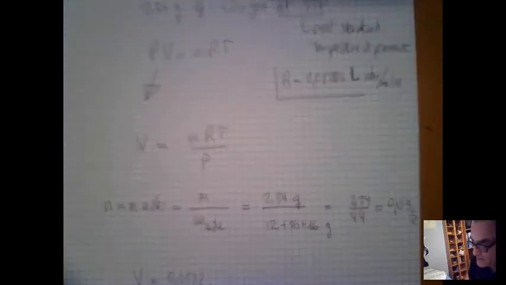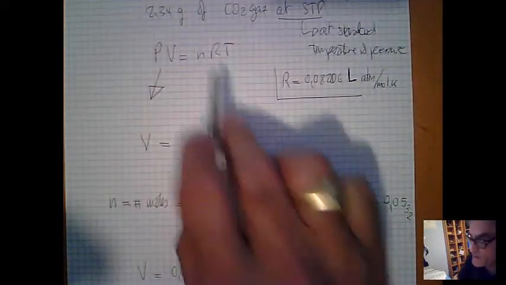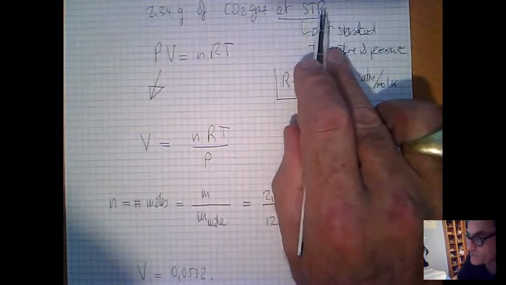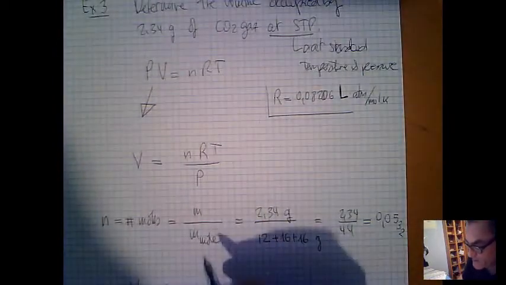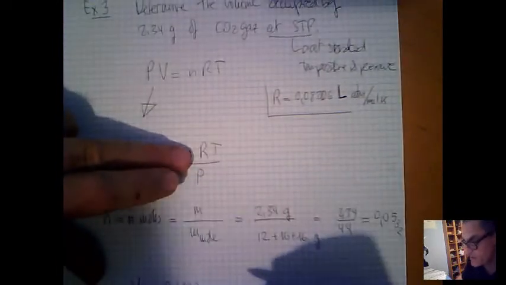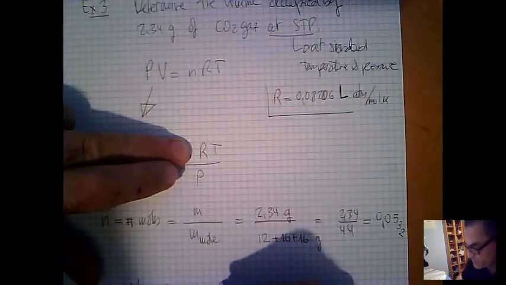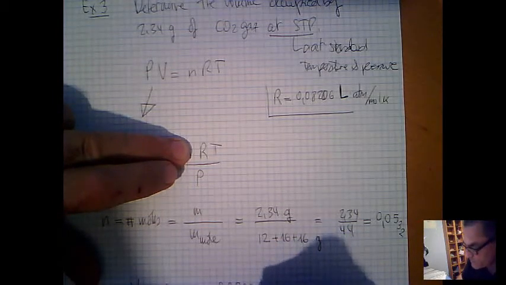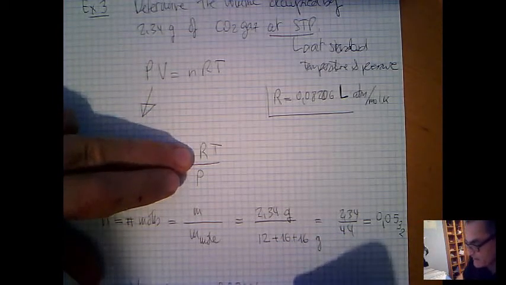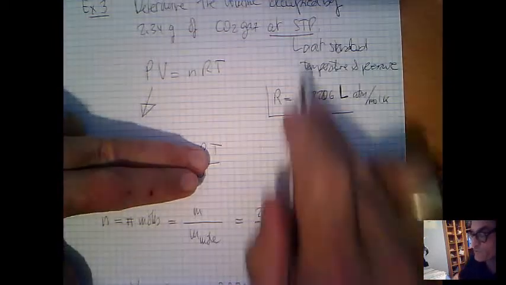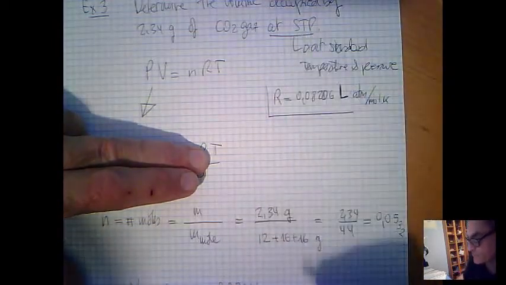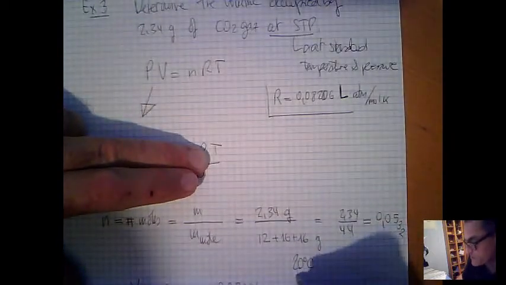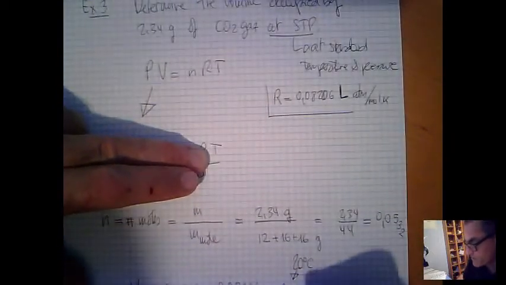Now we are at standard temperature and pressure. So we need to put here the value of this constant. And now we put the temperature. We will take 20 degrees Celsius, but we should write that in Kelvin.